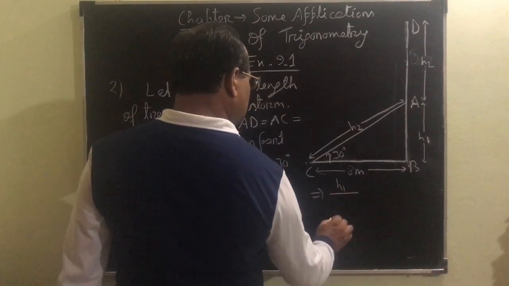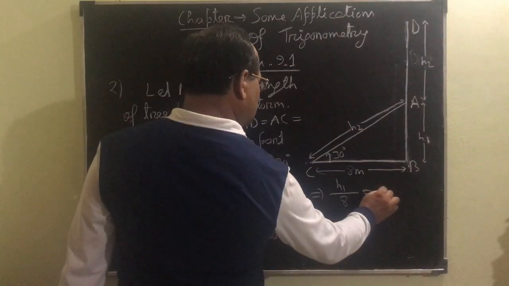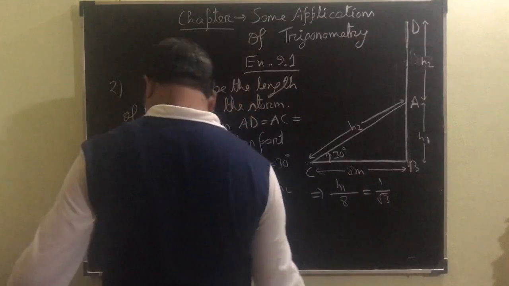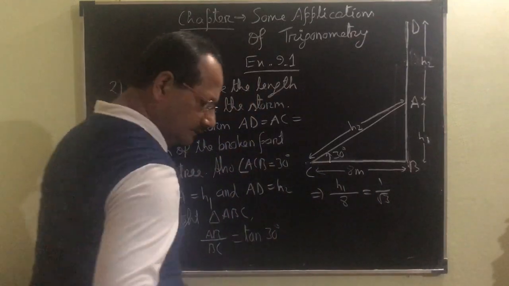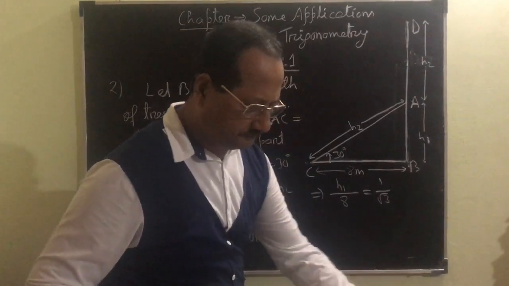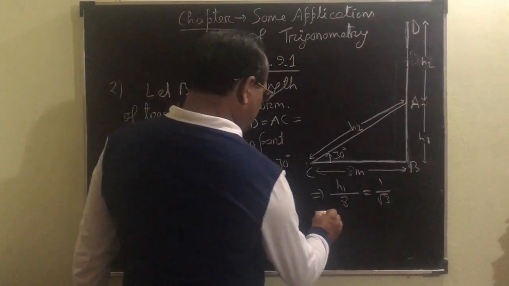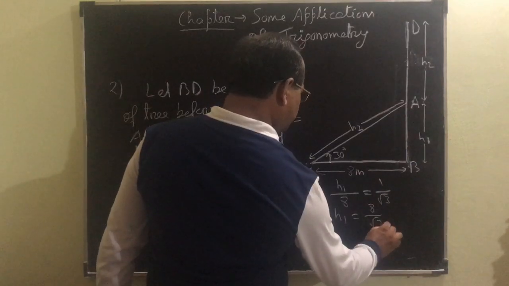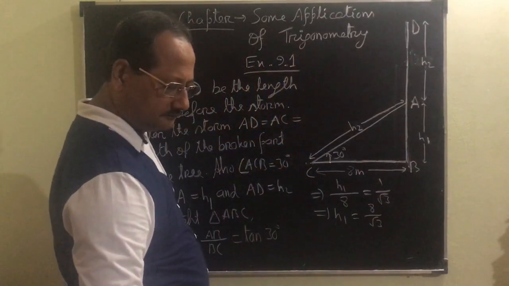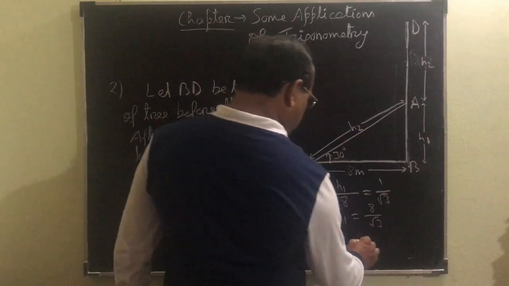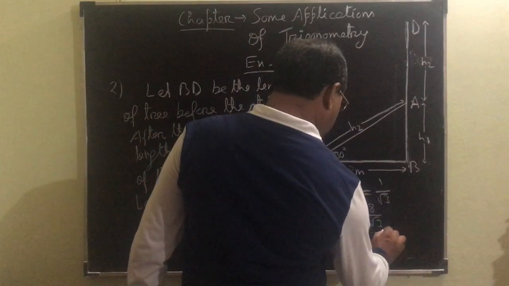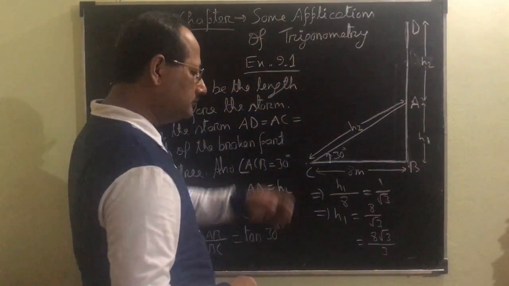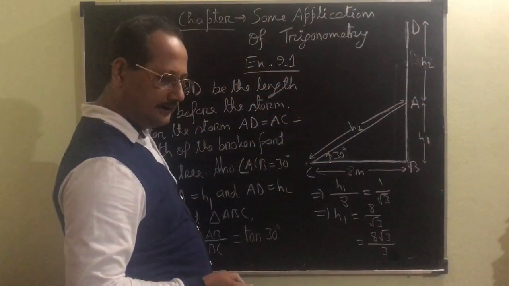H1 by 8 equal to 1 by root 3, implies H1 equal to 8 by root 3. Multiply numerator and denominator by root 3, implies 8 root 3 by 3.